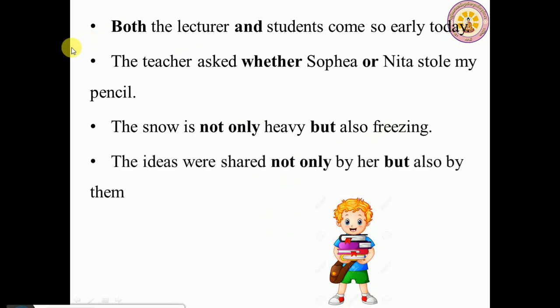Another example: The idea is shared not only by her but also by them. So the conjunction "not only but also" here is used to join the phrases "by her" and "by them."